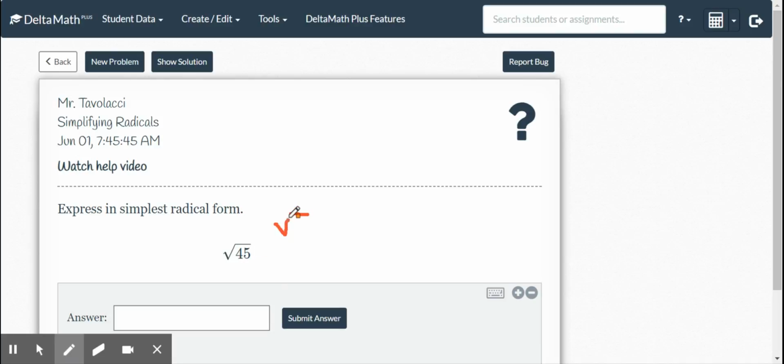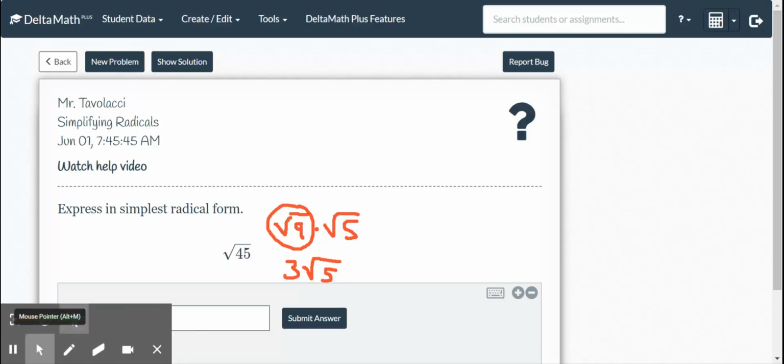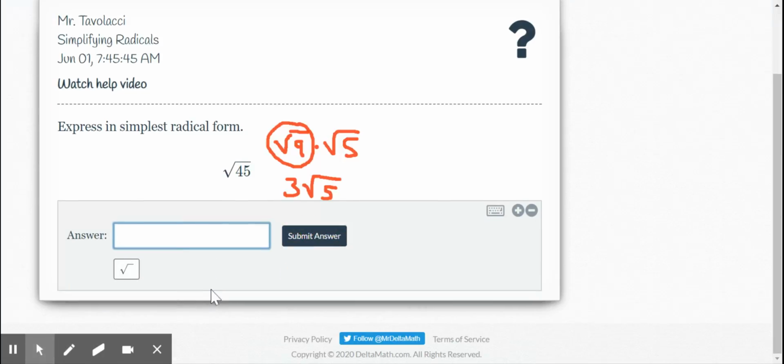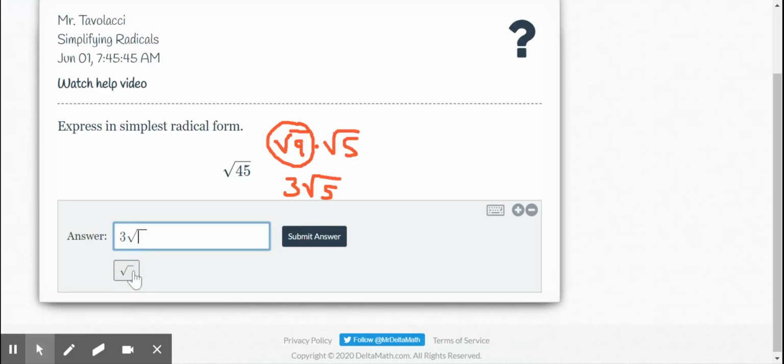We're going to use the square root of 9 times the square root of 5. Okay, got to break it up into factor pairs where one of the factor pairs at least has to be a perfect square. So square root of 9 is 3, and square root of 5 we can't take. So 3 root 5 would be our answer. 3 square root 5.